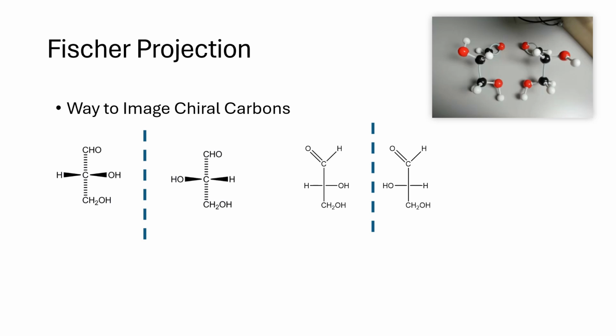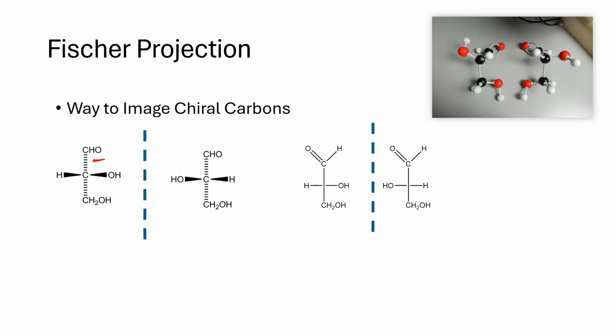Now, when we get into our carbohydrates, we can have anywhere from 3 to 6 carbons in these structures. So we can have anywhere from 1 to 4 chiral carbons. Now, what makes these carbons chiral is how the groups are placed around the carbon we are looking at. We have to remember that these structures are actually three-dimensional and occupy that three-dimensional space. We get lazy and don't show the dimensionality for each of these groups like we should.